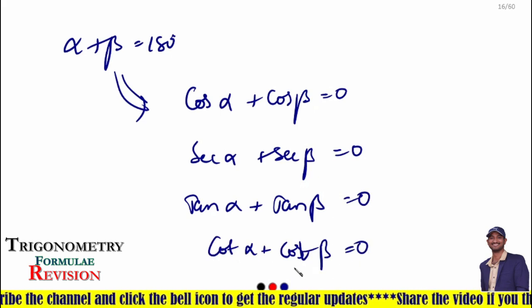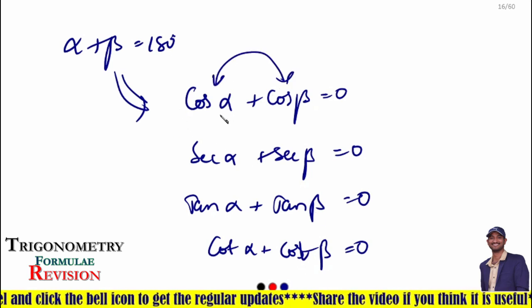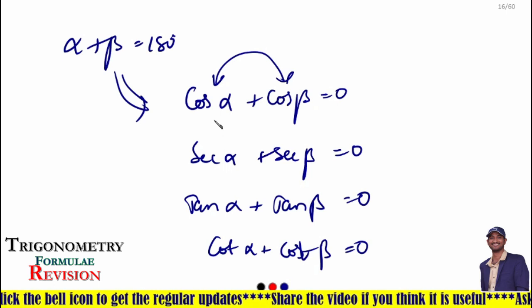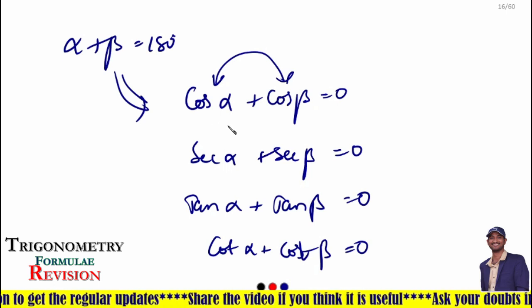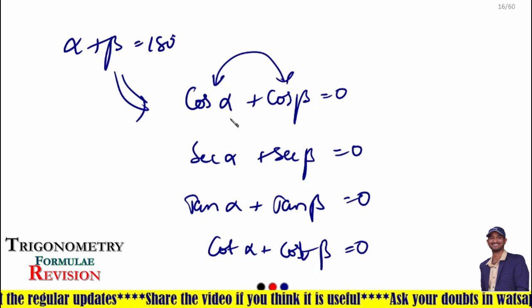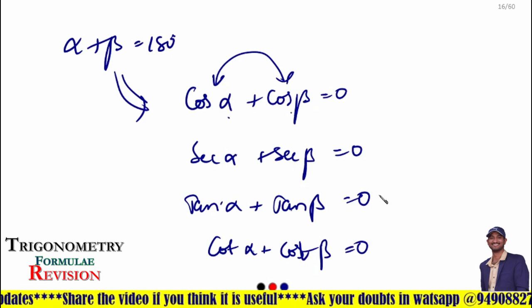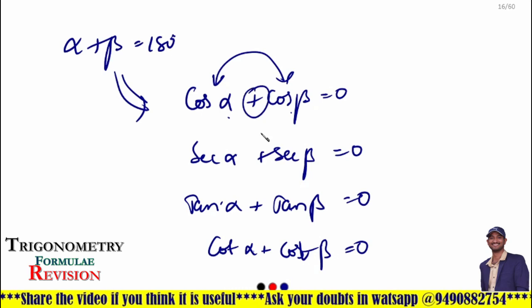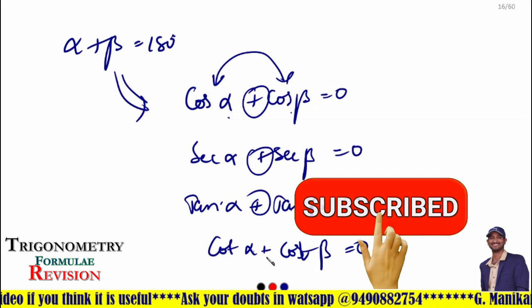Except sine and cosecant, the sum of trigonometric ratios of the other angles is equal to 0. It's not about product, it's about addition. Where the product was 1, here the addition is 0.